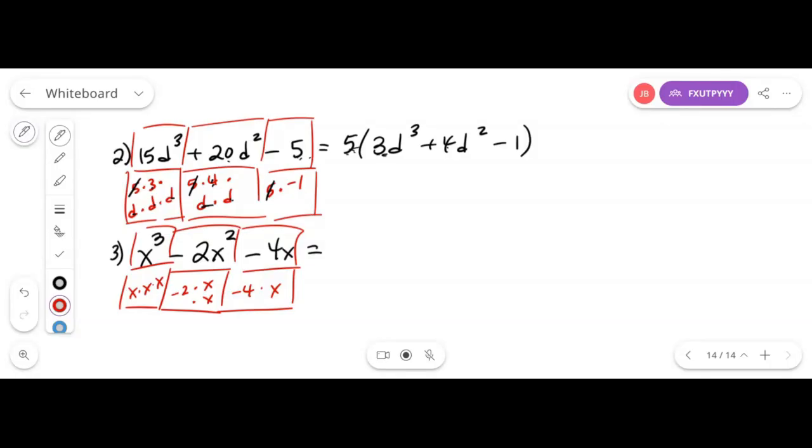The only thing that's in all three of those boxes is an x. What's left?